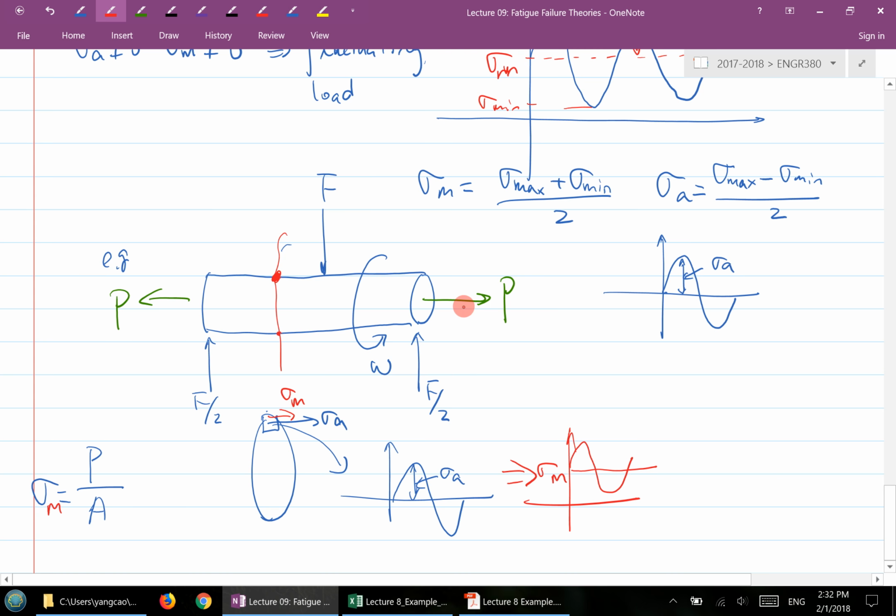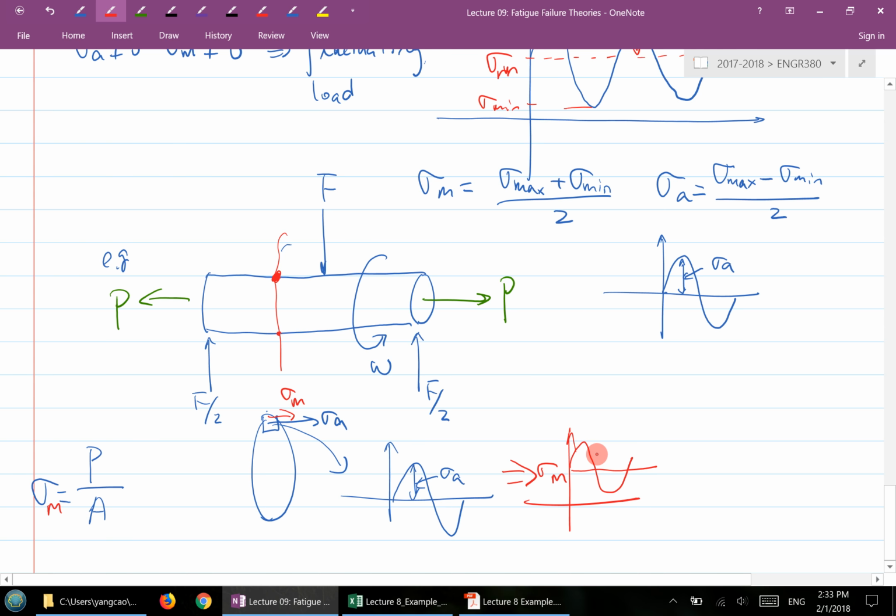That's one example where you can get a fluctuating load here. If this is not an axial tensile force, if this is actually a compressive force, then the whole curve will actually go down, right?